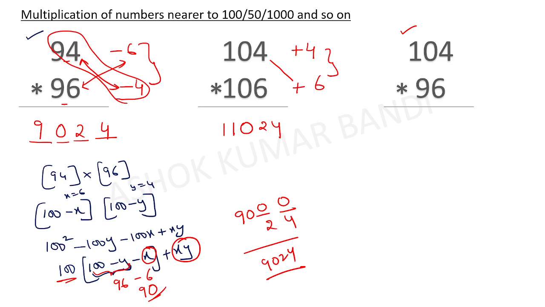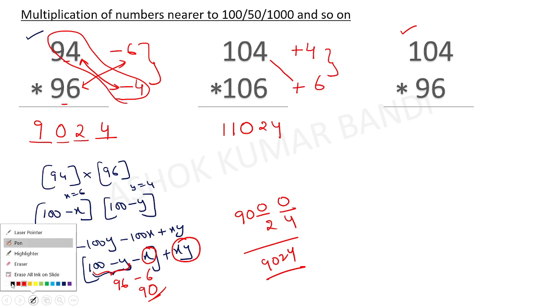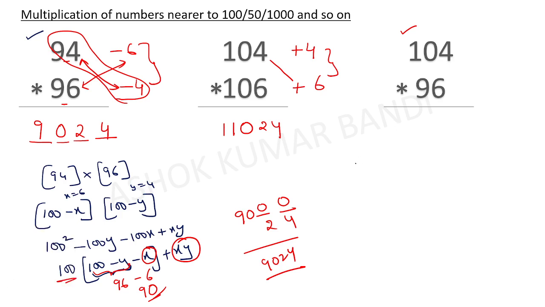Now what will happen if one number is more than 100 and one number is less than 100? Like in the third case, let us rewrite it again. If one number is more than 100 and one number is less than 100, then you are going to get 100 square plus 100y minus 100x minus xy.